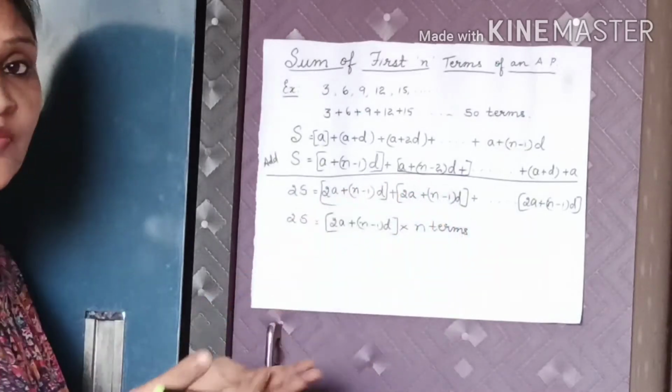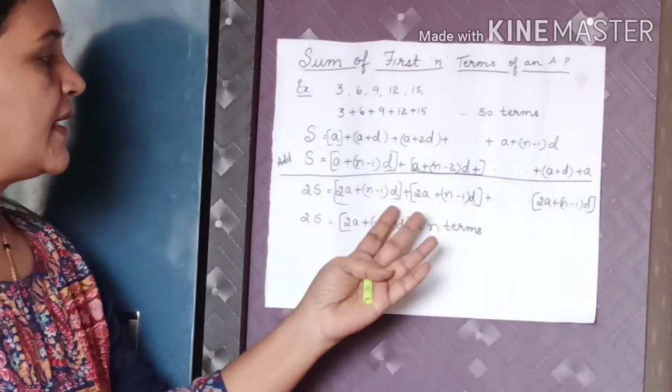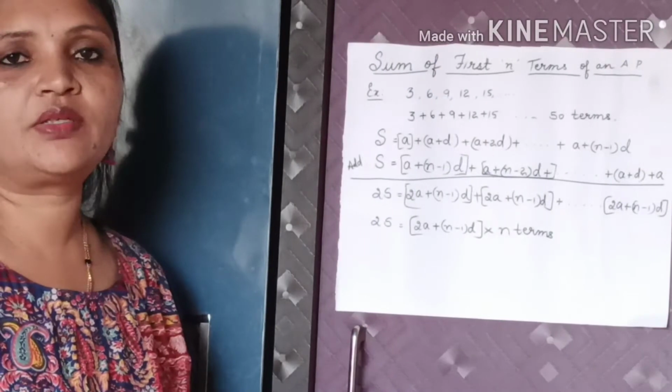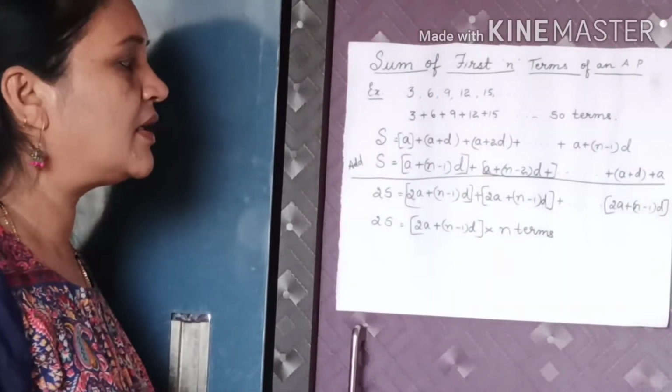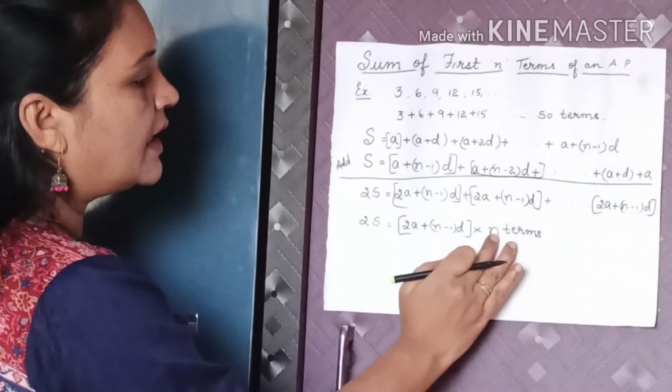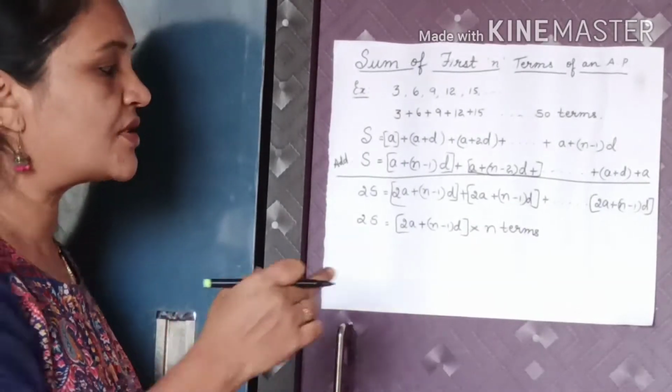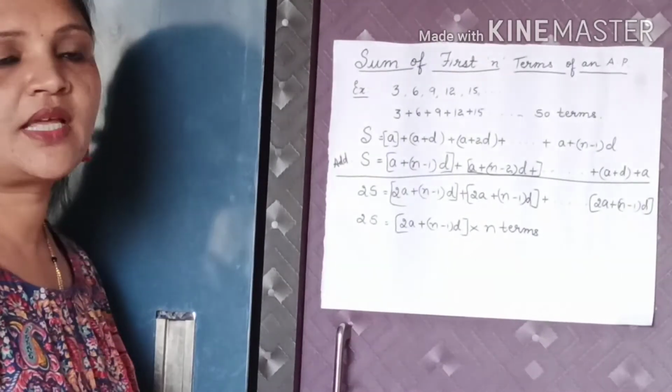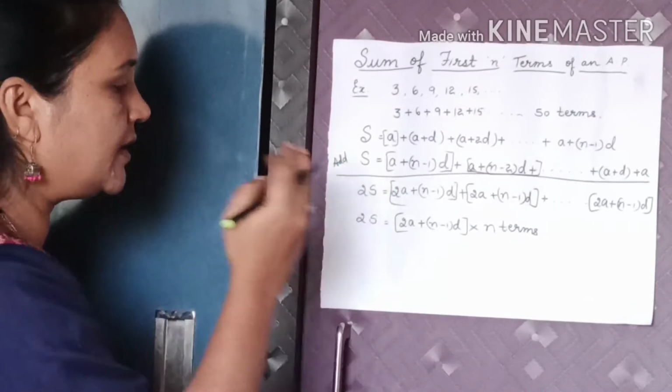So this is because we don't know how many terms we are getting here: 2a plus (n minus 1) into d. So I am writing here the total terms as n terms, and each term will be 2a plus (n minus 1) into d.